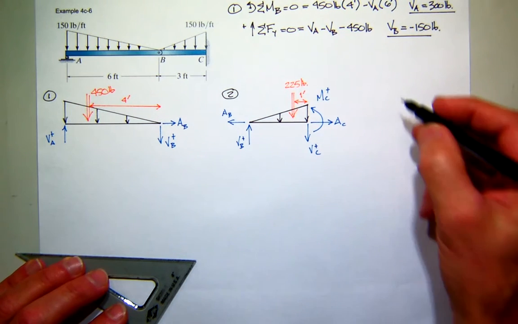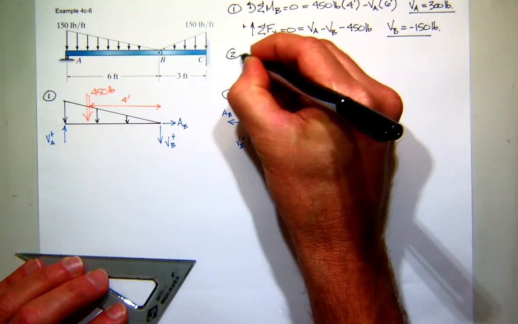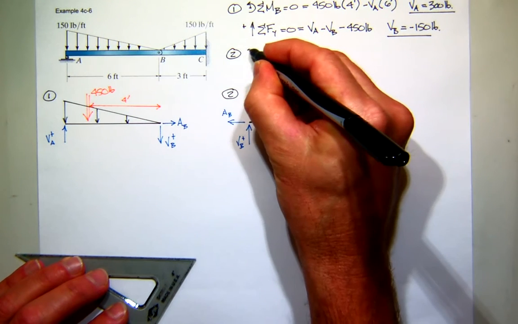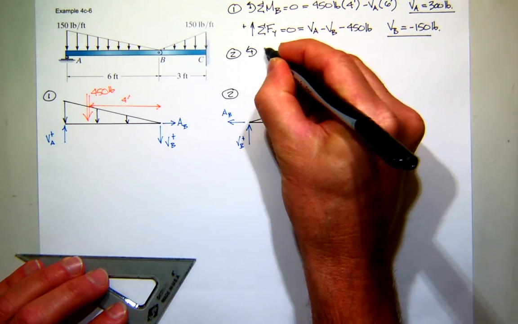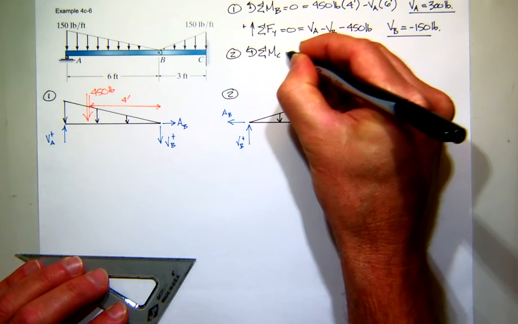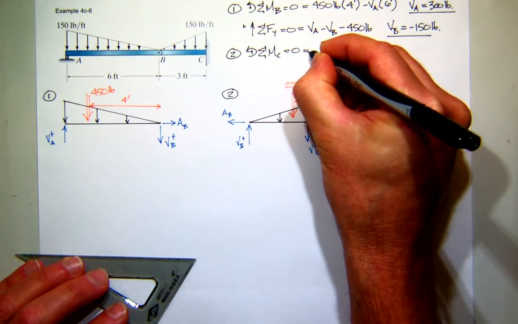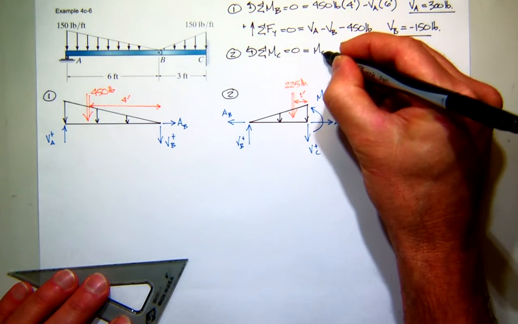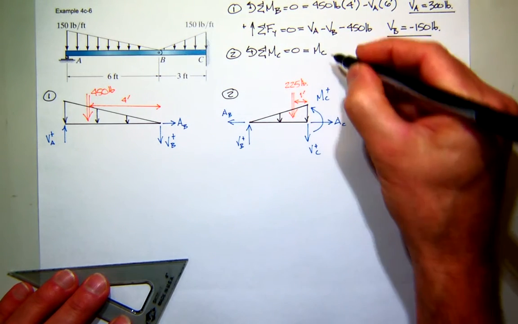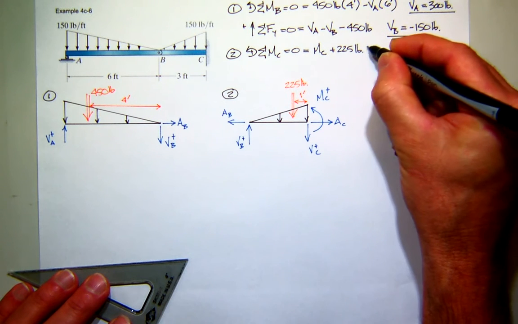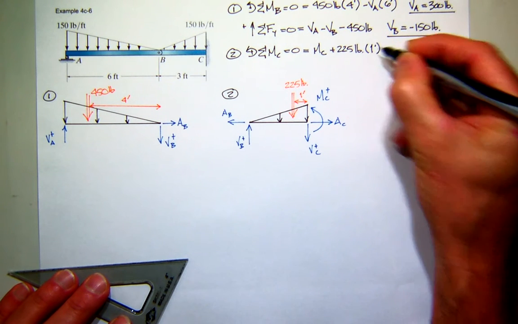So from free body 2, I need to find the shear and the moment. So I'll do the same thing. I'll sum moments about C. So what do I have? Well, I have the moment at C that I'm looking for. Positive moment created by the 225-pound force with a moment arm of 1 foot.